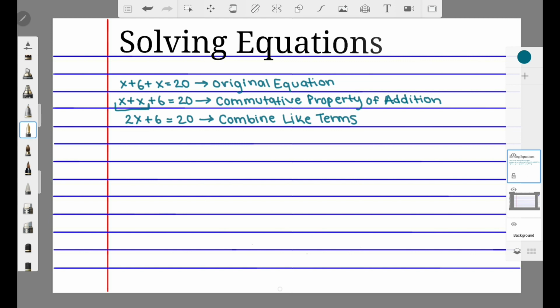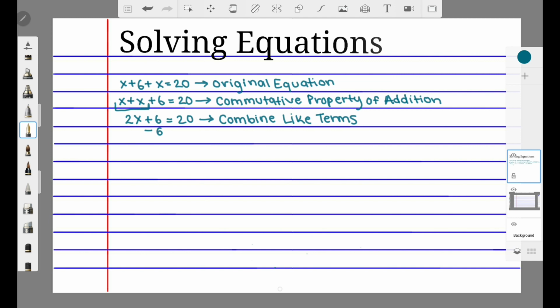Now that we've combined all like terms, we need to find a way to be able to isolate this x. We need to first get rid of the 6. Now, whatever you do on one side of the equation, you have to do on the other side, which means that if we want to get rid of the 6, we can subtract it.